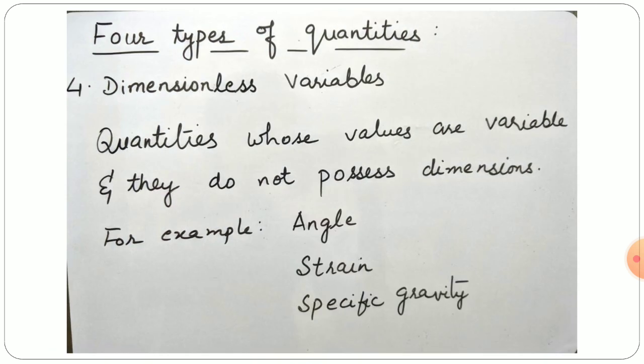The fourth type of quantities are dimensionless variables. These are quantities whose values are variable and they do not possess dimensions. Angle, strain, specific gravity. These are some examples of quantities which are variables but they do not possess any dimension.